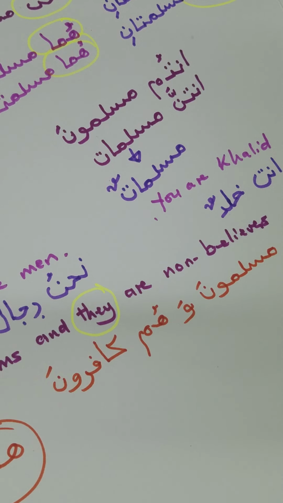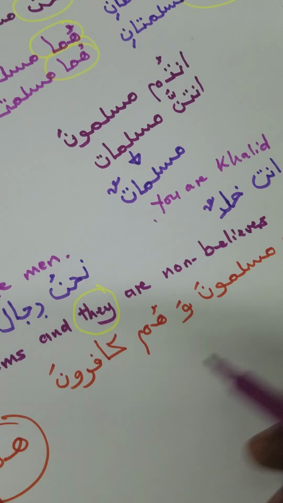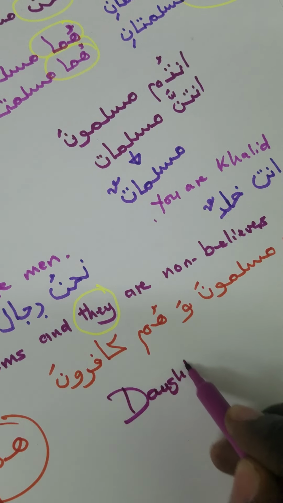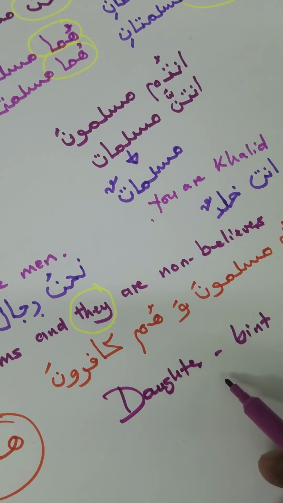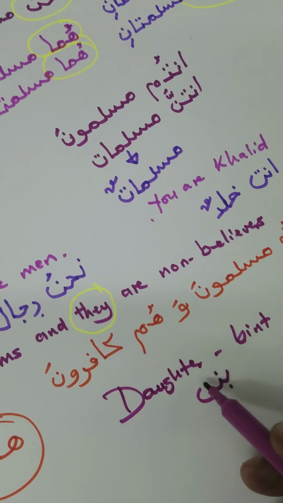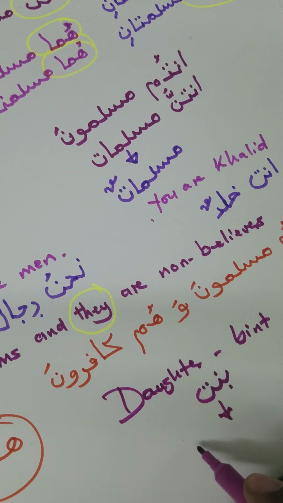Okay? So now I want us to look at some few sentences. If someone wants to write, I am a daughter. This word will be ana. The word for daughter will be like bint. If you just read it like this, but in Arabic, you'll see it being written as bint. But the first case for this word will have a tanween, so instead of bint, it will read bintun.